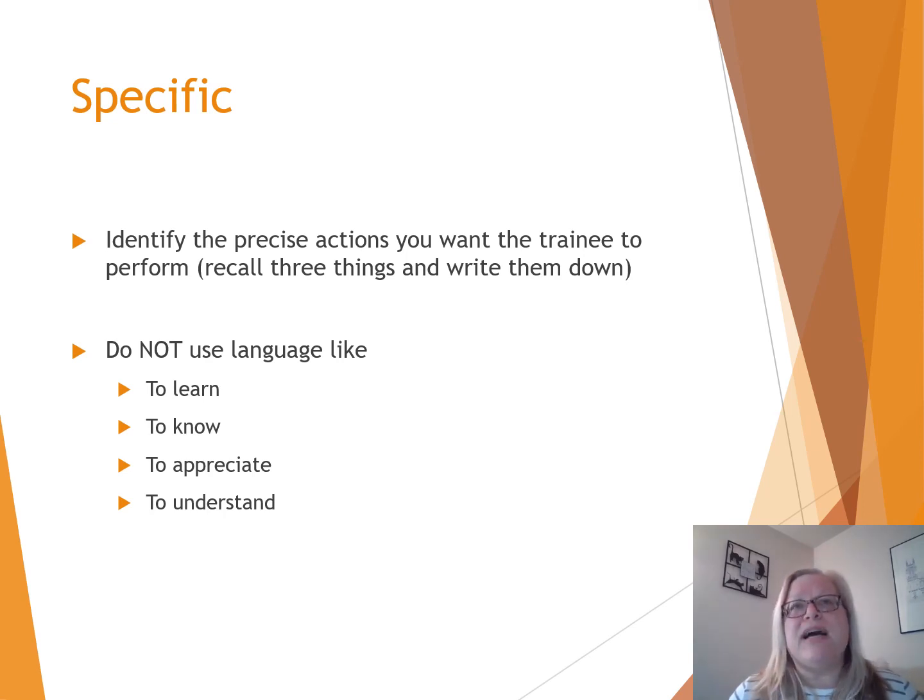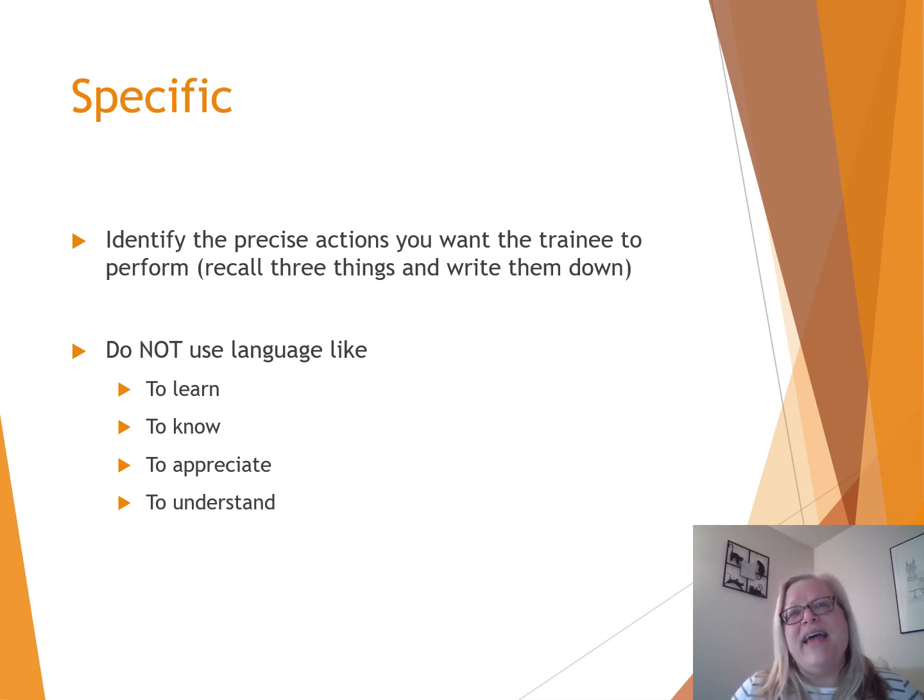What if my objective is that students will understand communication? That is a really lousy learning objective because it's not specific, it's not measurable. How do I know if I've achieved that objective? How do I know if my students have met it? I don't. I have no way of quantifying that or measuring that.